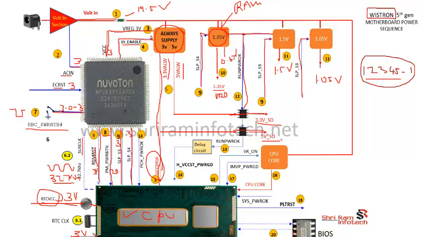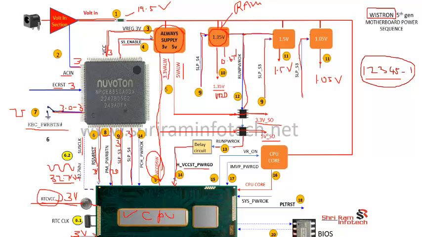After step number 12, this run power is generated, and after a little bit of delay, the next signal generated is VCCST power good, which is given to the CPU. This signal is basically called system power OK, or system power good, or all system power good in another laptop, or VCCST power good.